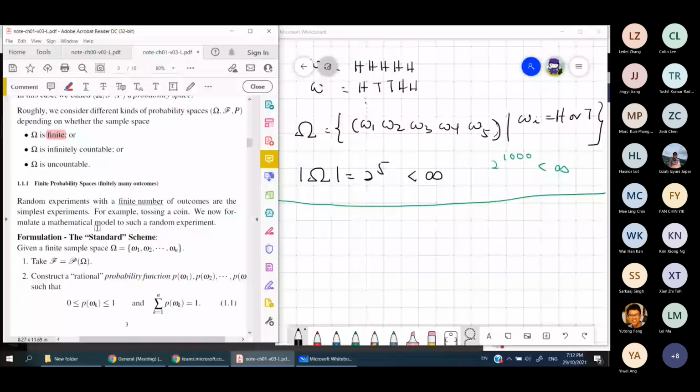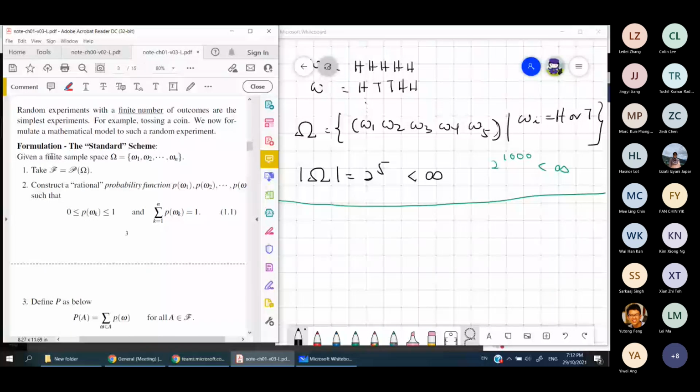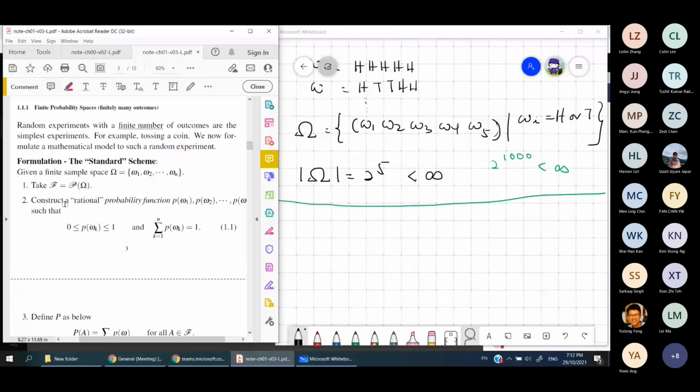When we have a finite sample space, supposing we have omega 1, omega 2 up to omega n, that means n of them. First, how to choose our sigma field? The easy case is, under this case, we just simply take our sigma field to be the power set of omega.